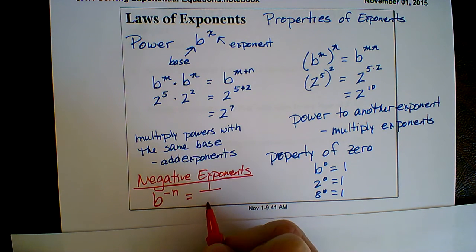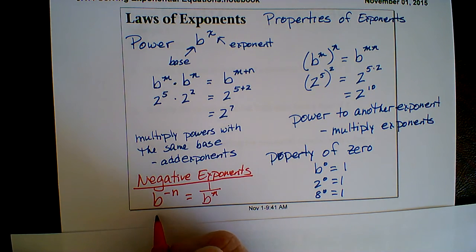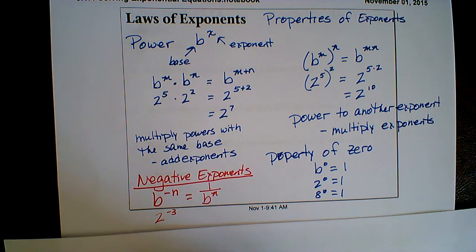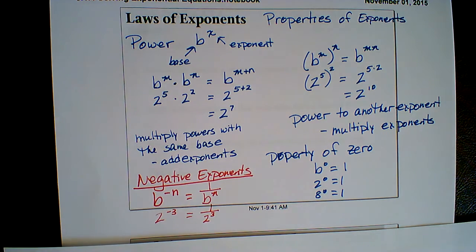So I place 1 over the same base, but now I make the exponent positive. 1 over b to the n. So an example would be 2 to the negative third. I want to make that exponent positive. So I'll put 1 in my numerator, take my base down to my denominator, and make my exponent positive. 1 over 2 to the third.